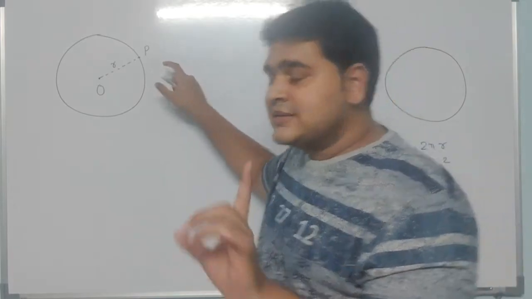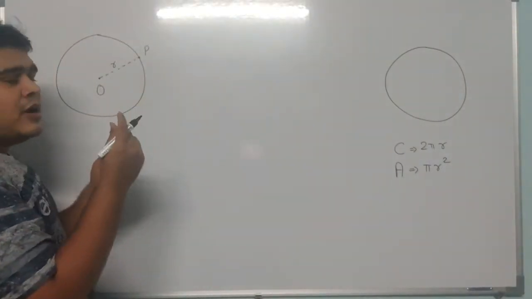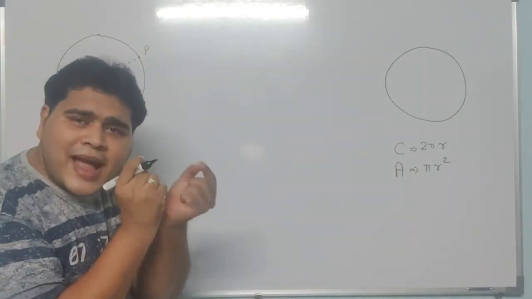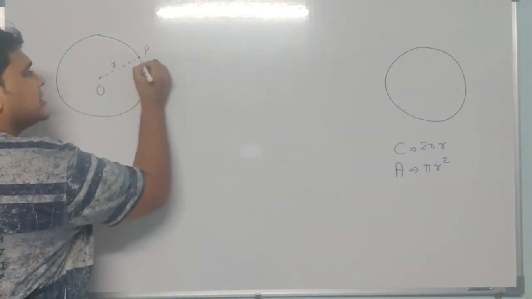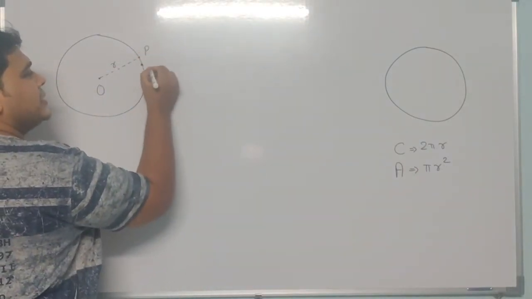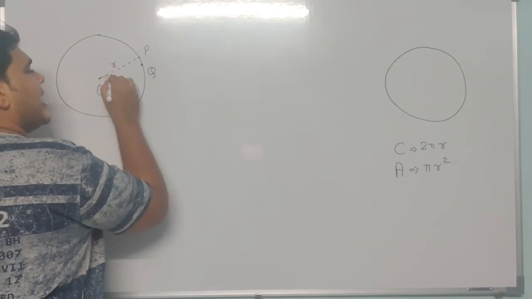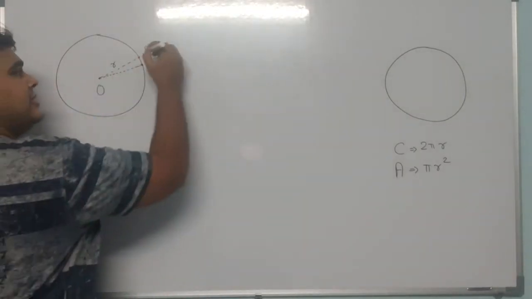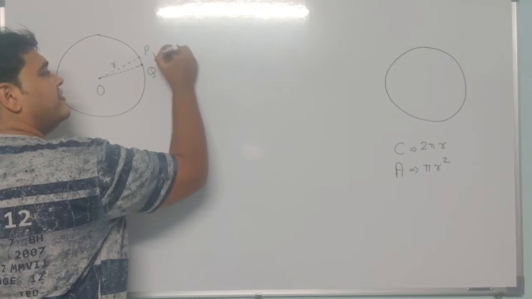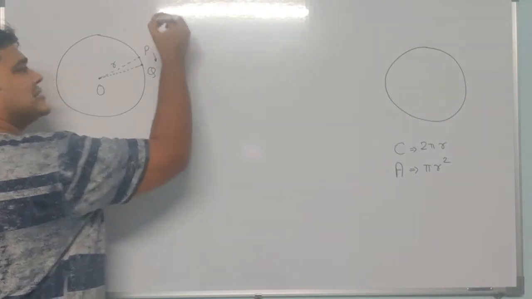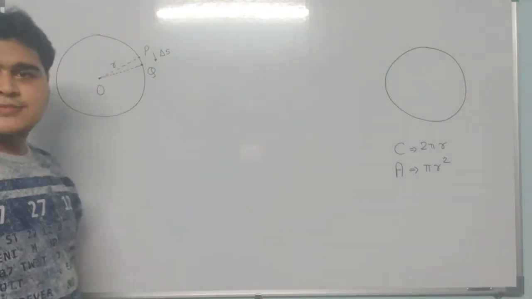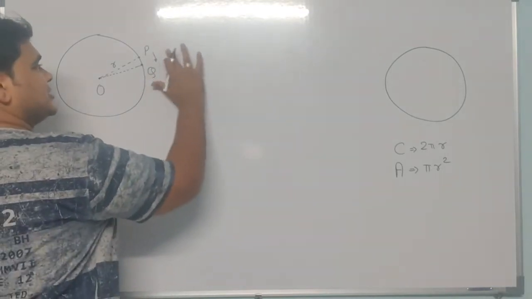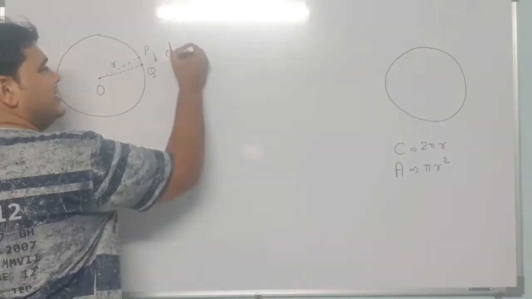And that means, guys, if I give him a very small time interval such that he goes from point P to point Q, and while doing that he has covered a very small displacement, say delta S. Instead of delta S, let's call that ds.